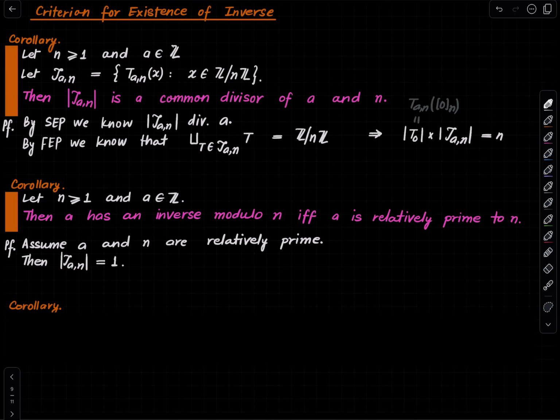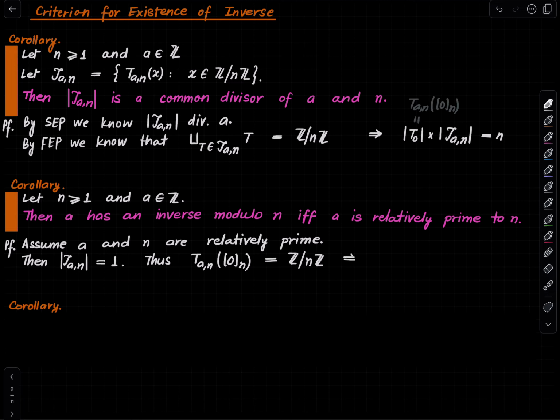And therefore there is only one trajectory, right? Z mod nZ is partitioned by the set of all the trajectories, but there is only one trajectory. So the trajectory of the remainder class of 0 is everything. There cannot be two trajectories. There is only one trajectory. So this one trajectory should consume everything.